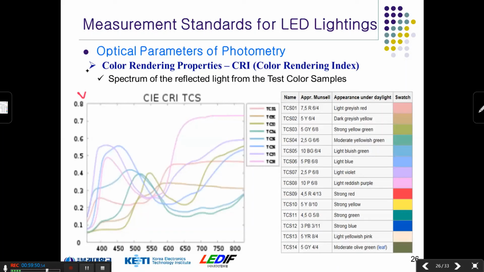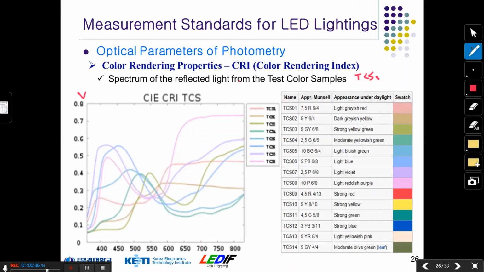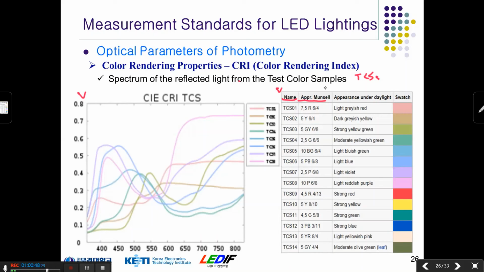The left color spectra are the spectra of the reflected light from the test color samples, TCSs. The right table here shows the name of TCS samples, the approximated Munsell color, and the appearance in daylight.